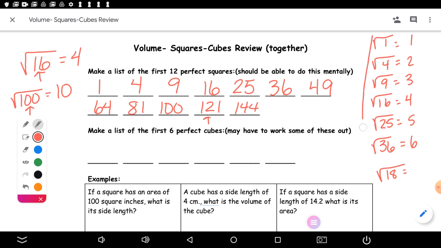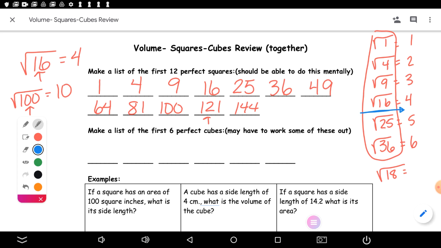Looking right here, what would 18 fall between? Peyton? It would fall right in here. Do you agree? So the answer would be between 4 and 5.